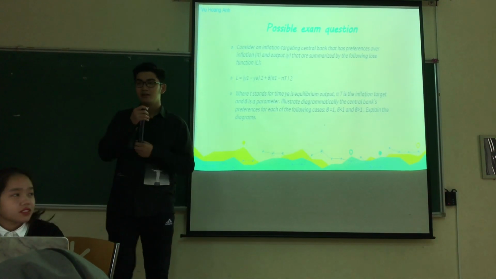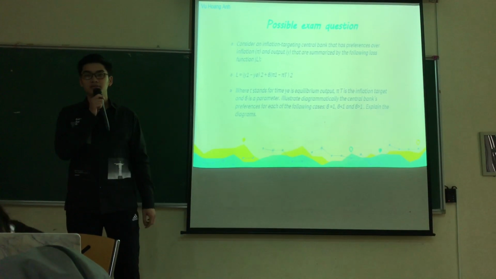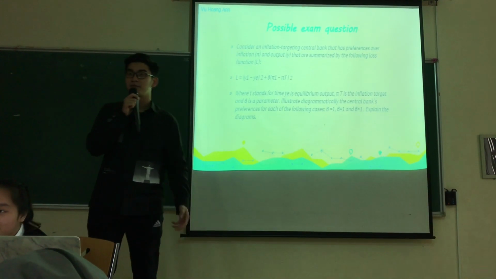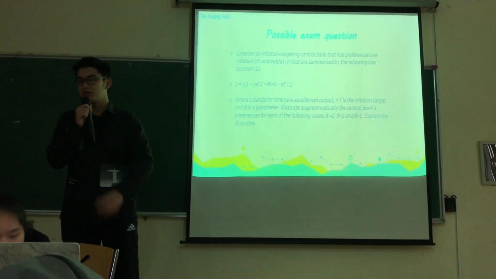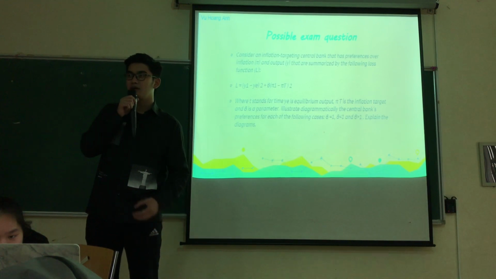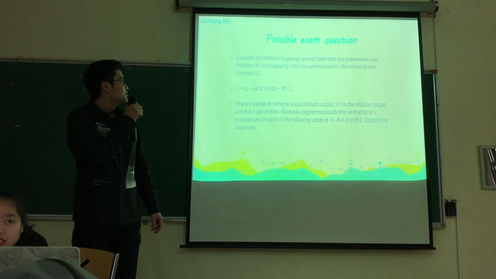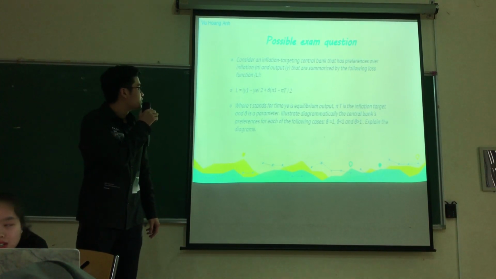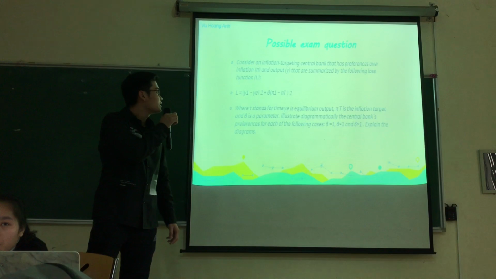So we have much theory information, and now I will give some possible exam questions, and of course the answers for you to apply to reality. First is the model of the central bank's loss function.